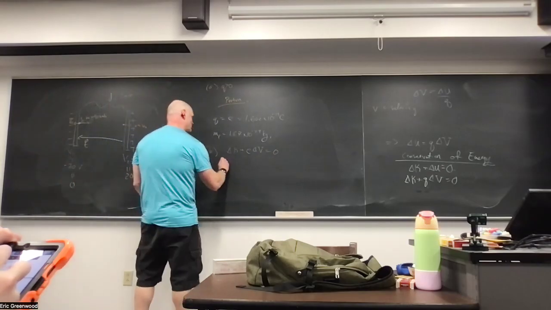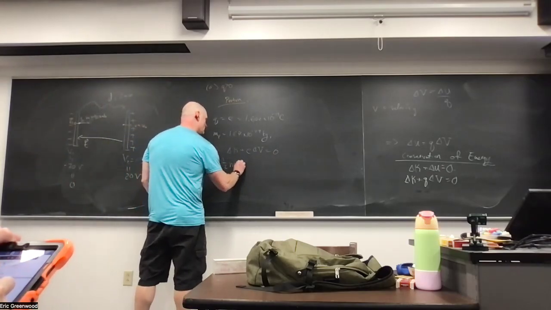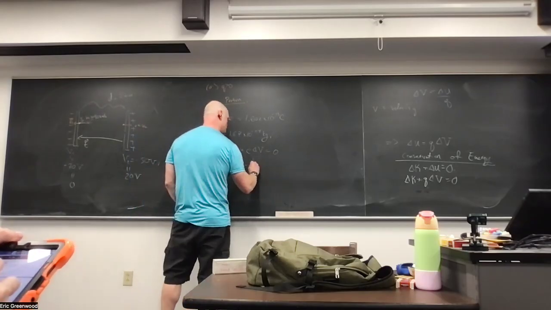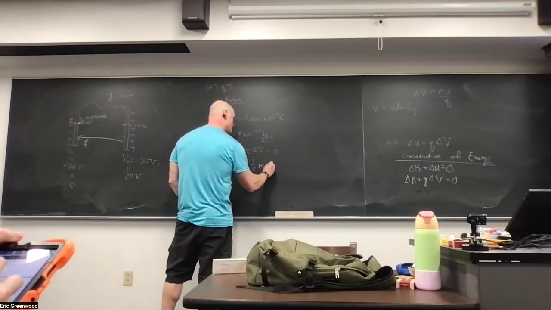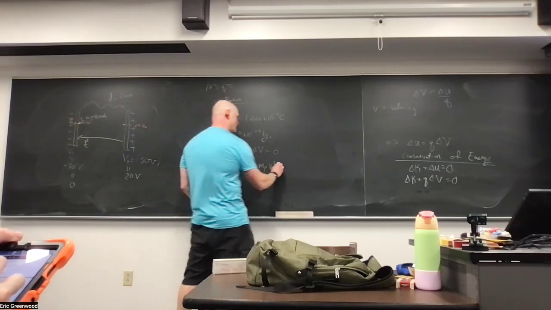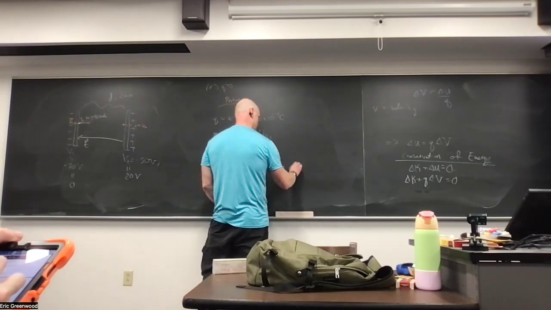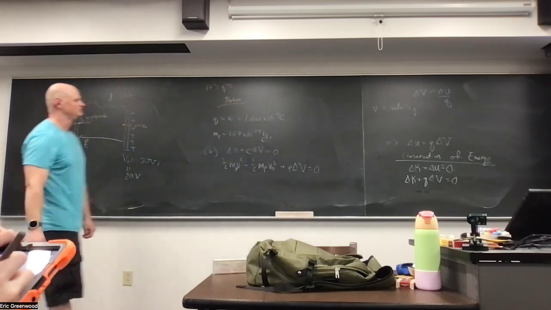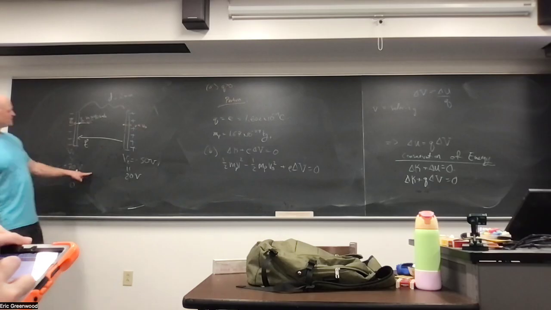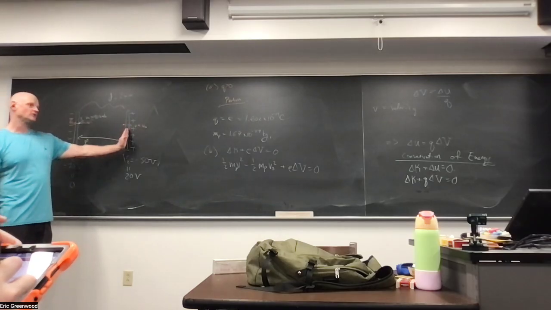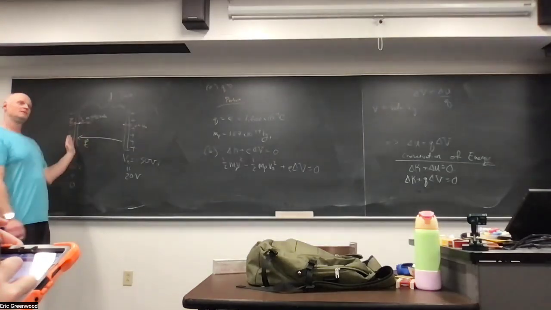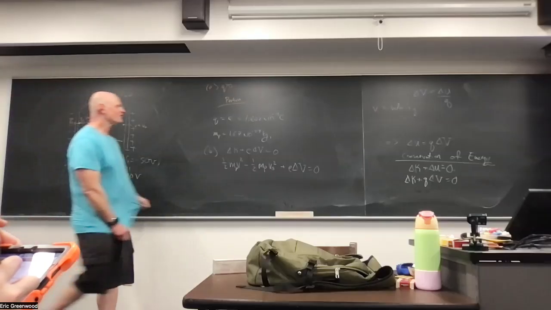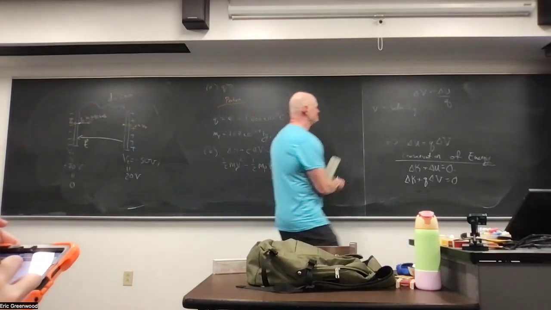From here, we know this guy's going to be what? 1/2 the mass, which is the mass of the proton, times the final velocity squared minus 1/2 the mass of the proton times the initial velocity squared plus E times, again, my final potential is equal to 0. Right? Now, in this case, my change of potential is positive because my final potential is positive. My initial is 0, so I'm going to get a positive. Okay. From here, all I want to do is solve for the final velocity. So let's do that.